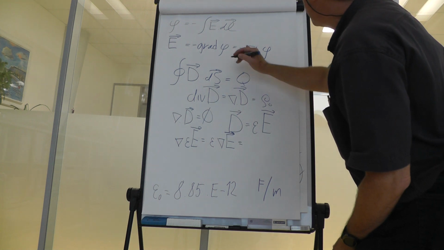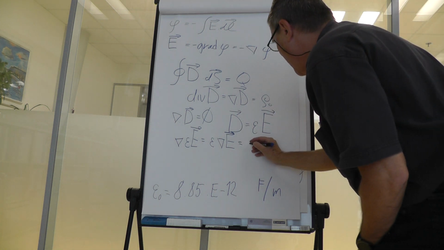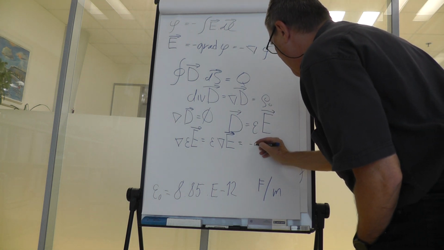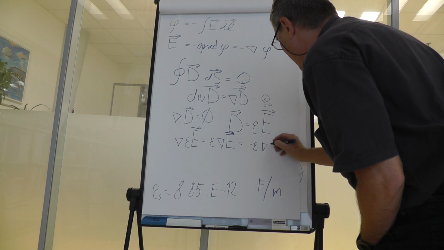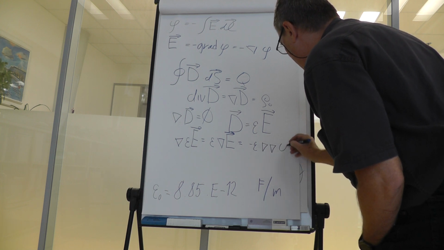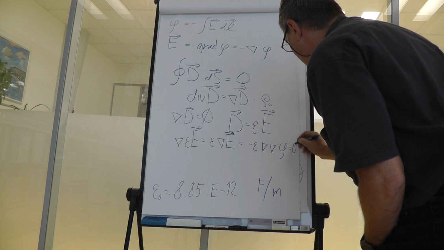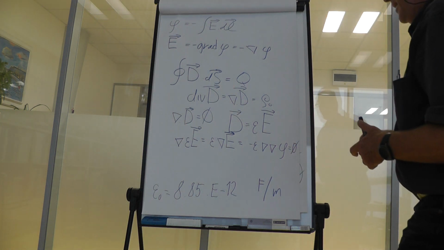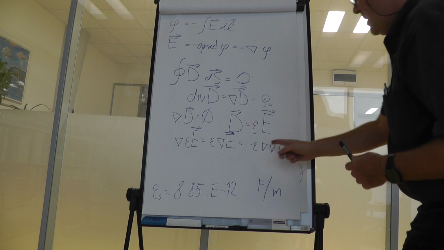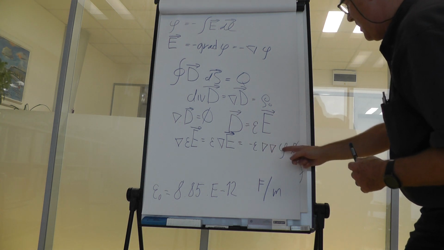If E is minus nabla phi, we get minus epsilon nabla phi is 0.